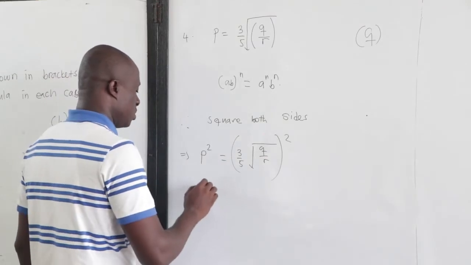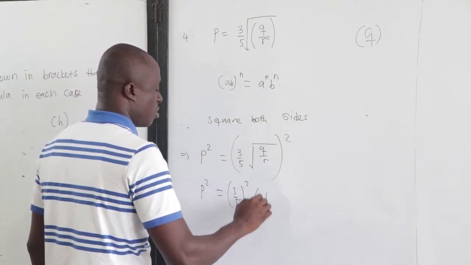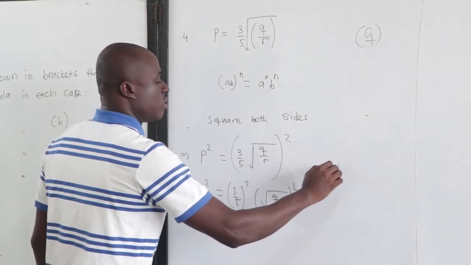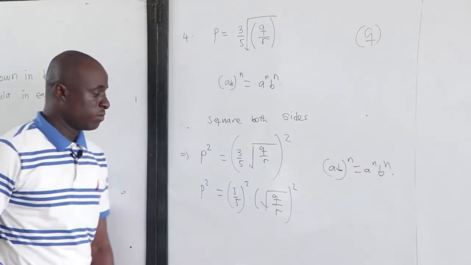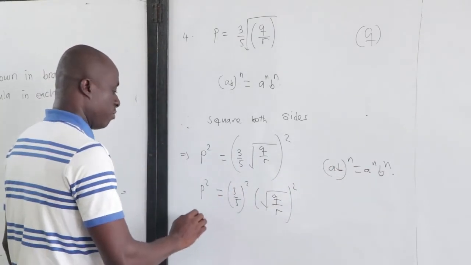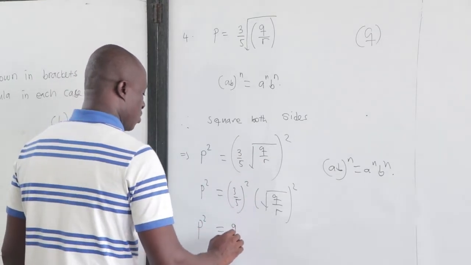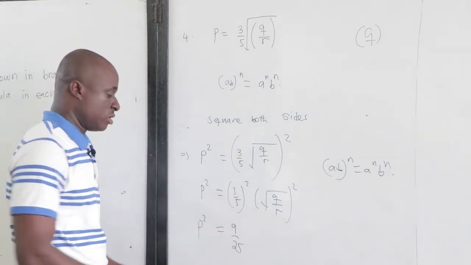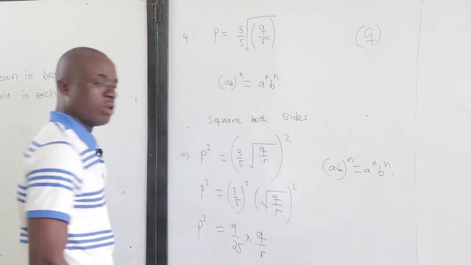And this is the same as p squared equal to 3 over 5 all squared times the square root of q over r all squared, because we know AB all to the power n is A^n B^n. Now we have p squared equal to 9 over 25, that is 3 squared is 9, 5 squared is 25, times q all over r.